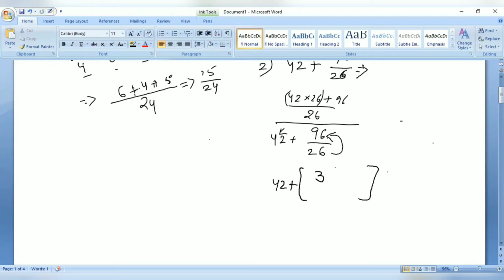So what is pending? 18 is pending by 26. If you know this as a mixed fraction, you will get the same answer: 26 into 3 and 18. Now add this 3 to the 42, so 45, and whatever is pending, let us write the same, 18 by 26. This is how we will simply mention it using the shortcut.